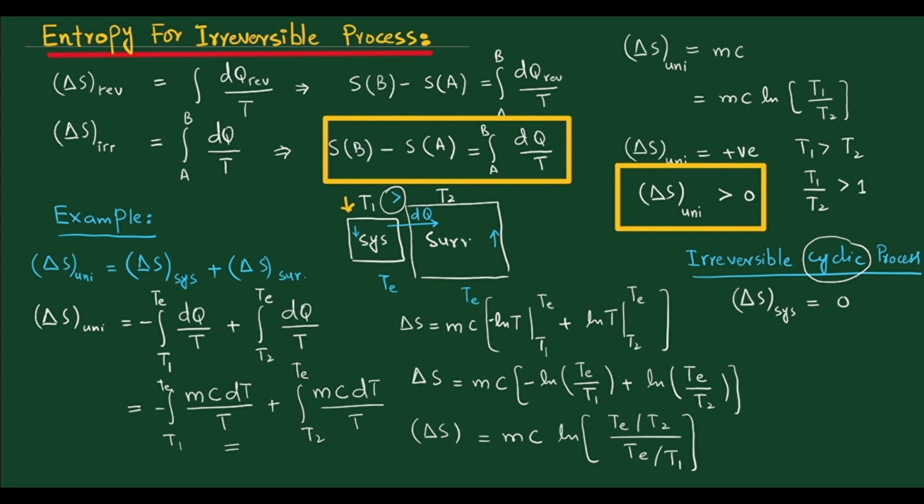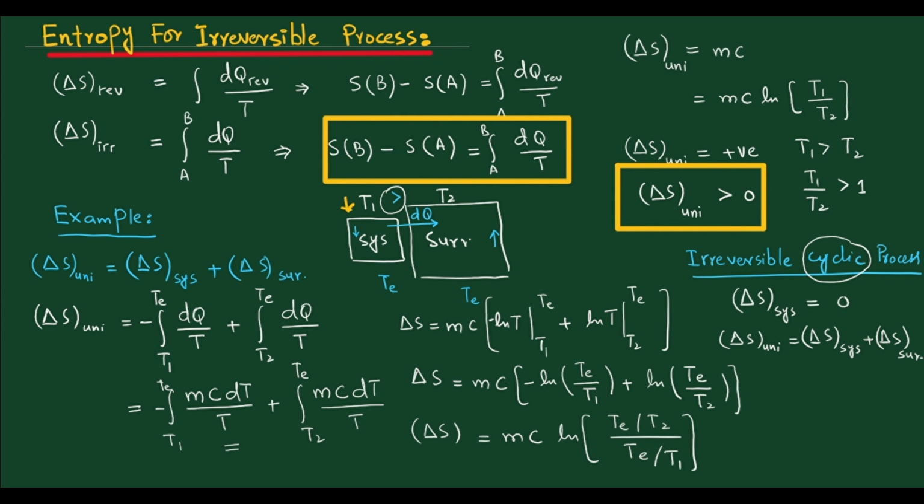But for an irreversible cyclic process, if we consider the change in entropy of the universe, and the change in entropy of system and surrounding, then the picture will be different. The change in entropy for the universe is equal to the change in entropy for the system plus the change in entropy for the surrounding.